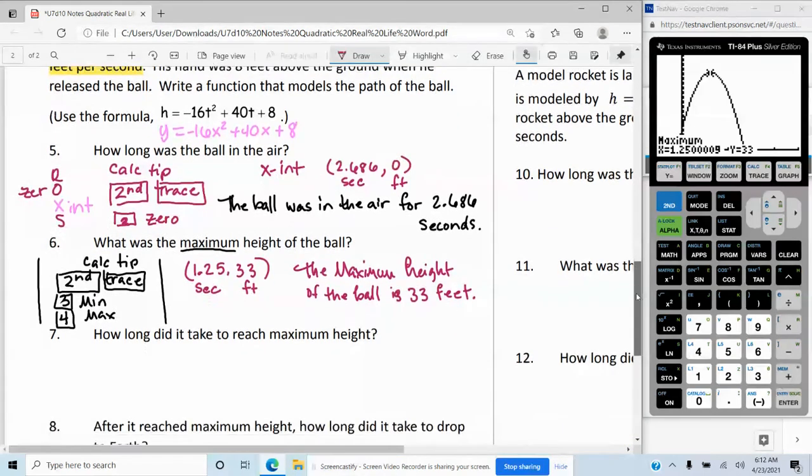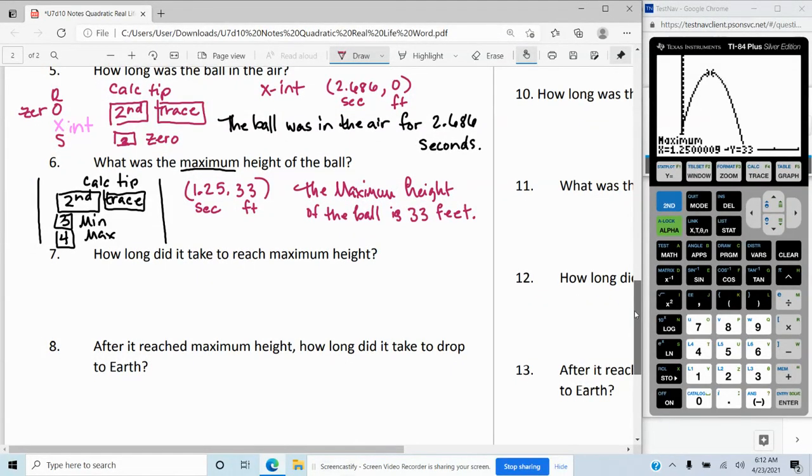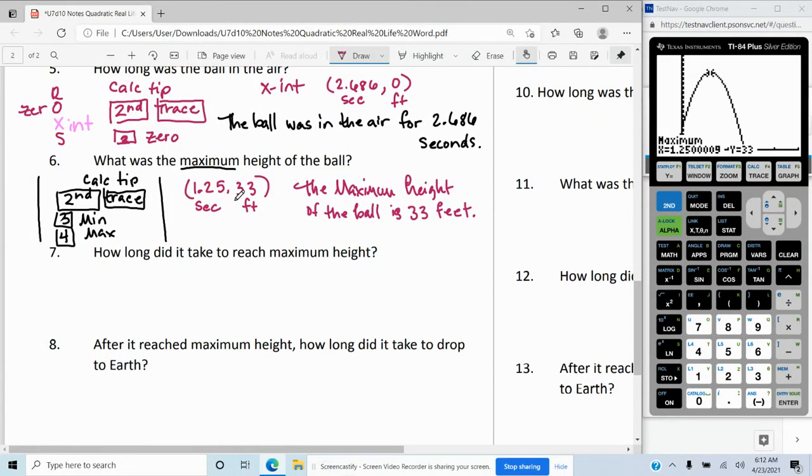All right, let's look at the next one. How long did it take to reach? Well, we can use that same information, right? When they say how long did it take, they really want to know how many seconds, right? That's the best unit of measurement. Well, the answer to that is that it took 1.25 seconds, right?